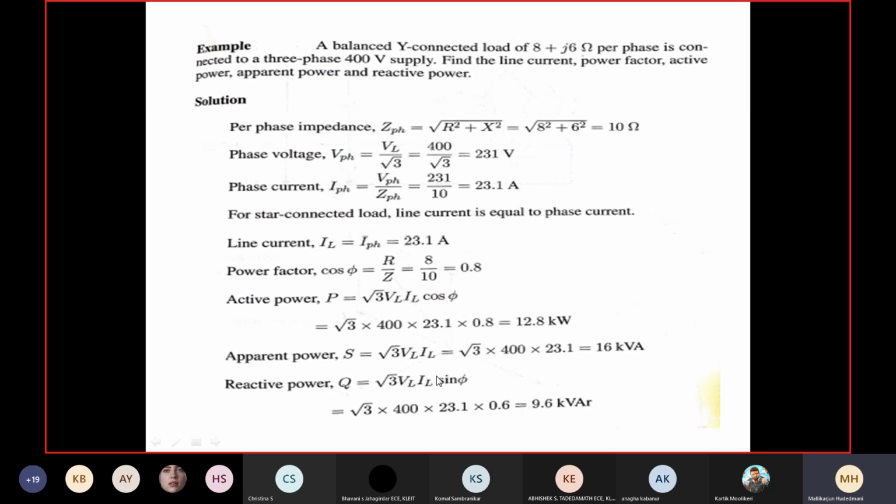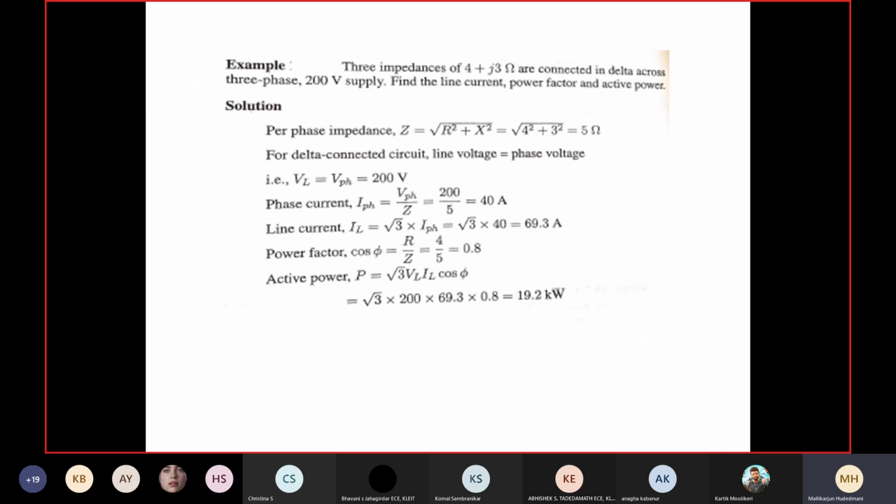Active power, reactive power, apparent power, like your single phase concept. Only root 3 is extra here. Root 3 VL IL cos phi, root 3 VL IL sin phi, root 3 VL IL. This is the relationship in power. So, yes, this is the real application that we need to use in solving the problem.